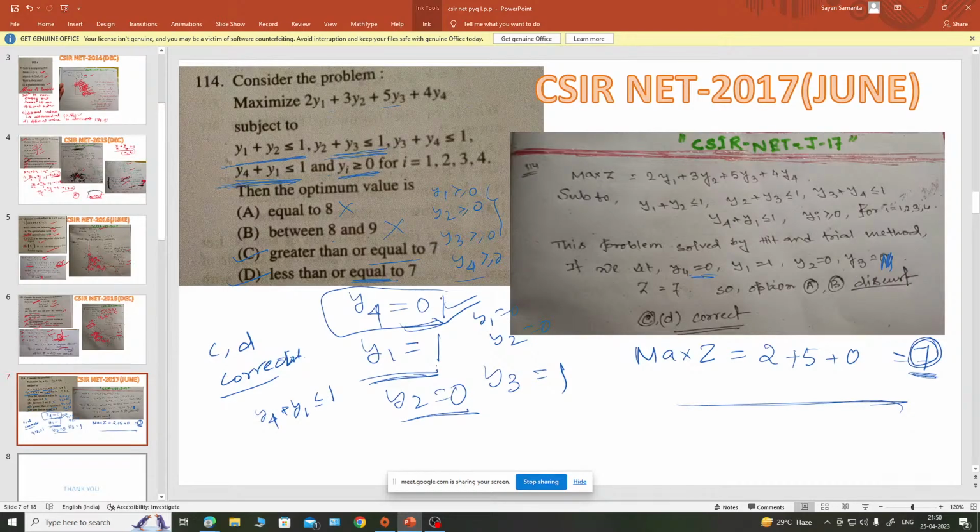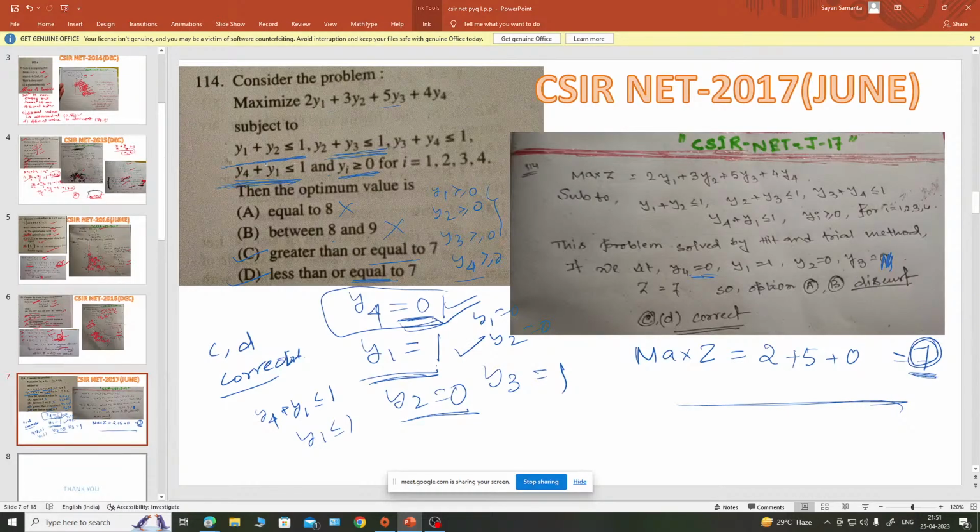First I will set y4 equals 0, so obviously y1 is less than or equal to 1. So we also consider y1 equals 1. Is it clear?